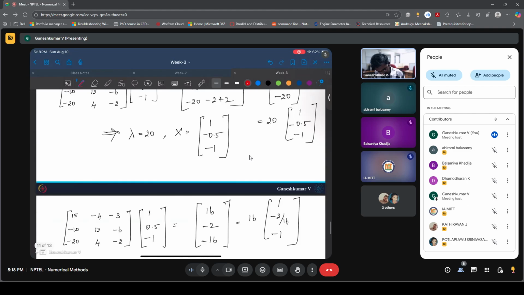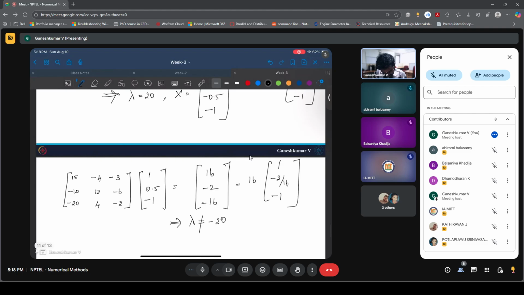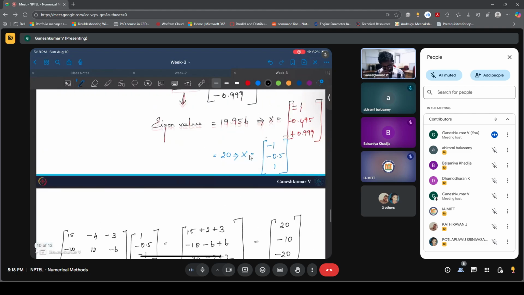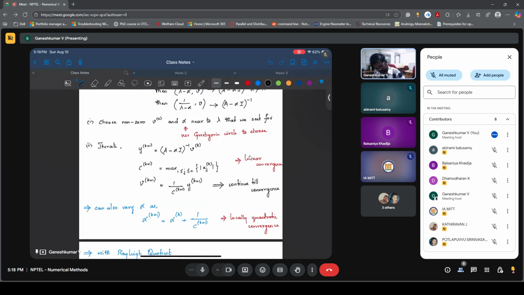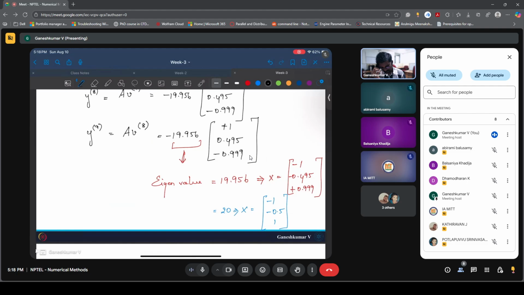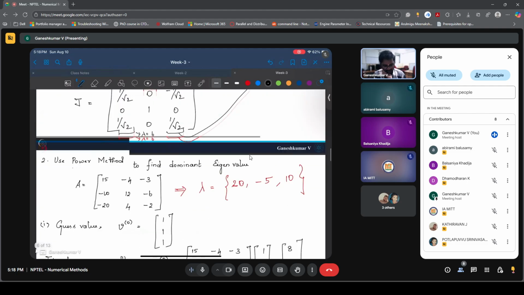So this proves that lambda is 20, but this proves that lambda is not equal to minus 20, which means eigenvalue is not minus 20. But unless we do this exercise, we have no idea whether the converged value is right or wrong. So did I make any mistake, is the algorithm fine? What do you guys think?